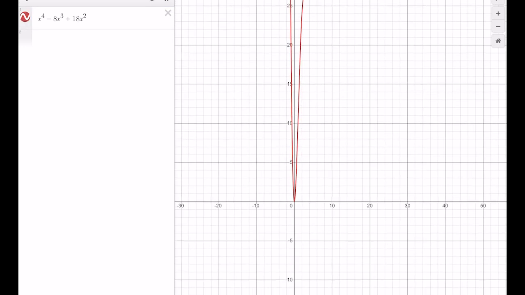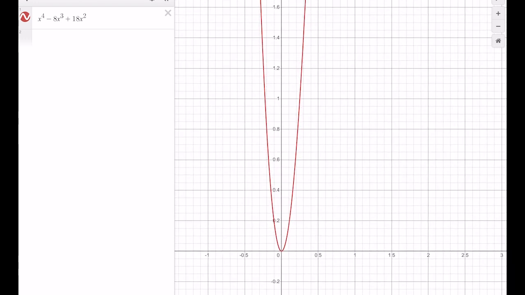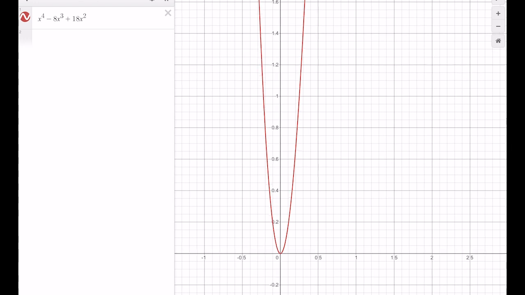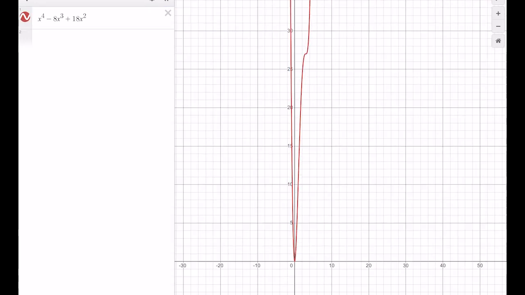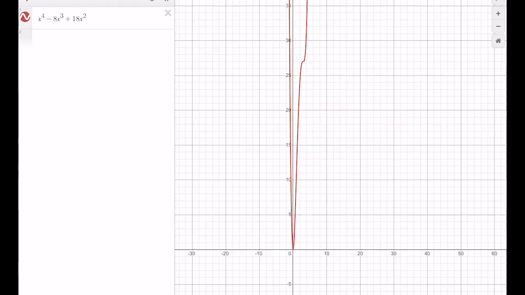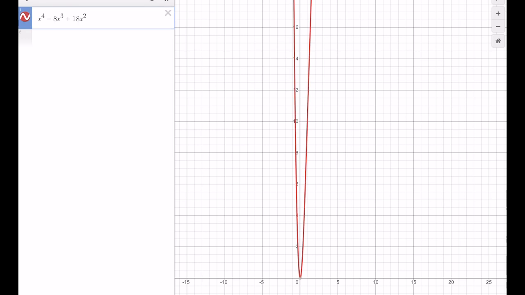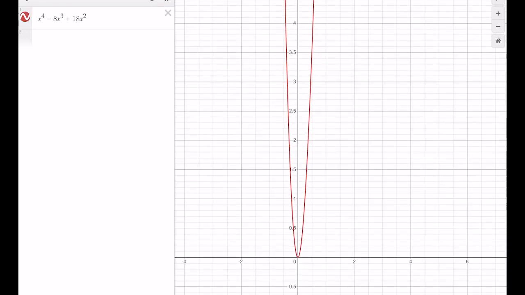It's not letting me zoom out. Okay, so again, it's concave upward from -infinity to 1. And then it's also concave upward from 3 to infinity.